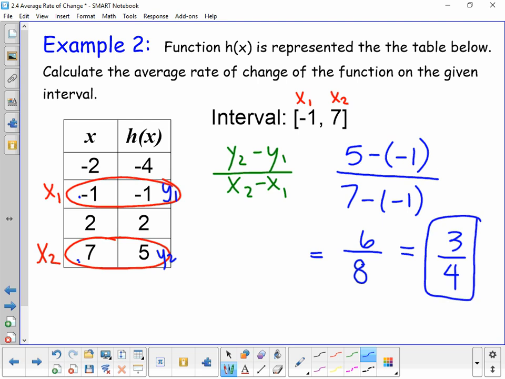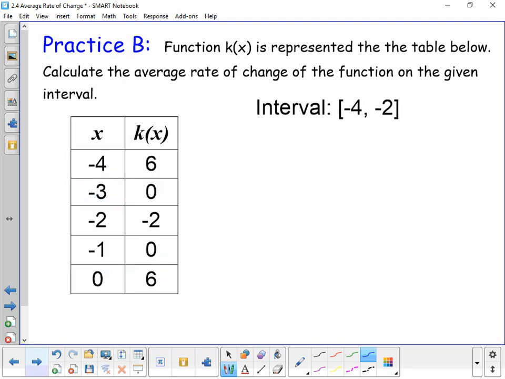So for this interval from -1 to 7, this function, whatever it is, is increasing on average over that interval with a magnitude of increase of about 3/4. So it's not growing super fast, but it is increasing on average over that interval.